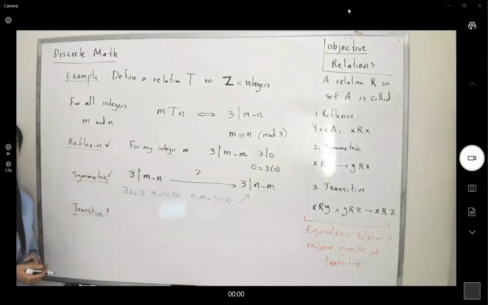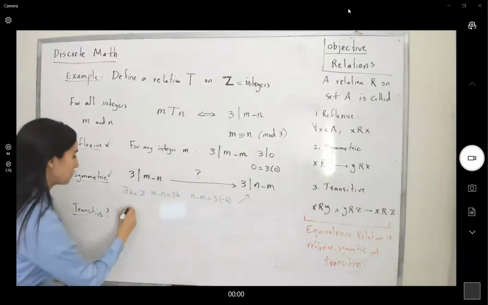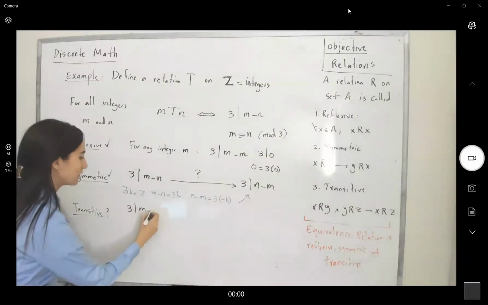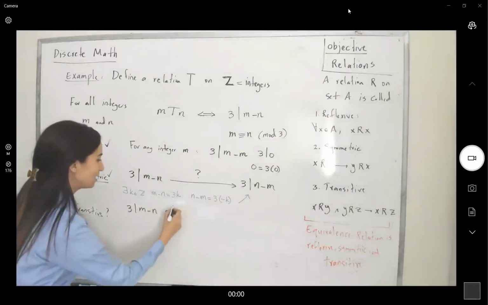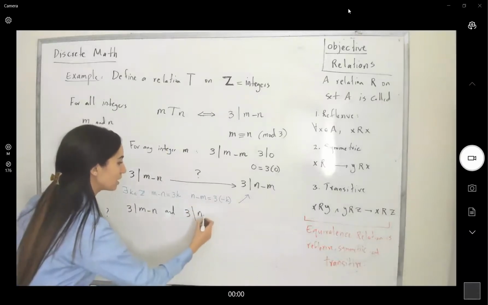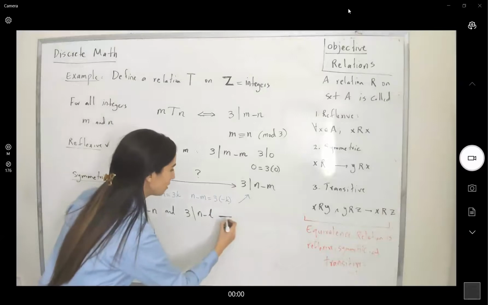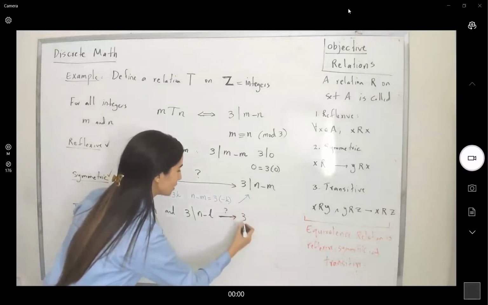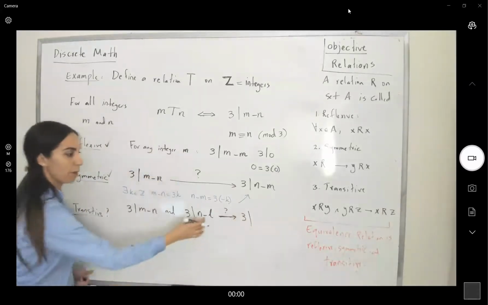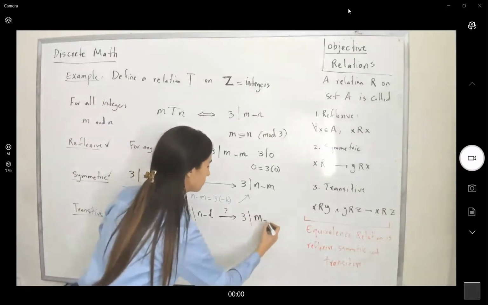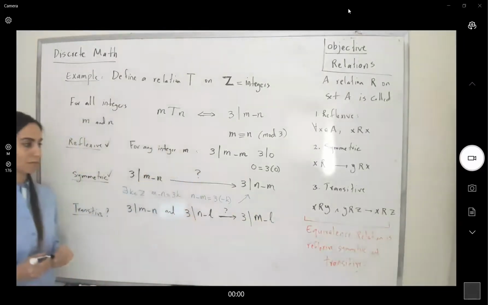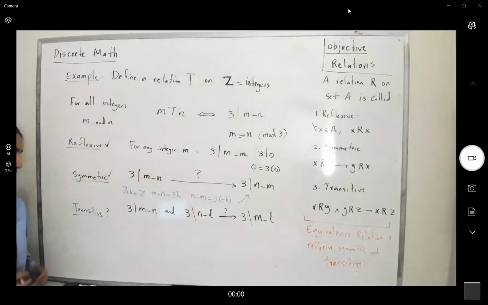How about being transitive? It says that if 3 divides m minus n and 3 divides n minus another integer like l, then you can conclude that 3 divides m minus l. How do we prove that?